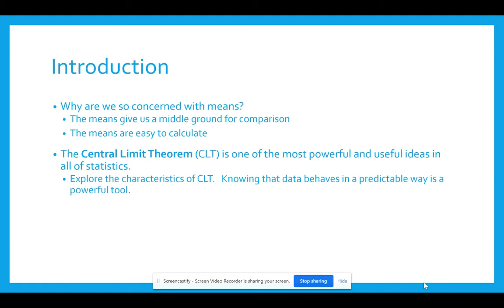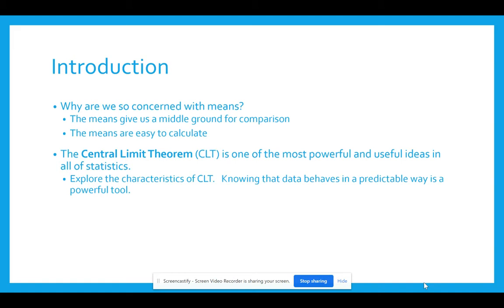The central limit theorem is one of the most powerful and useful ideas in all of statistics. Again, it's related to this idea of using several individuals or a group of individuals as opposed to a single individual when we conduct research.